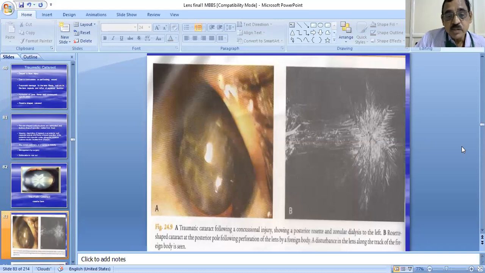And this is again a traumatic cataract, a concussional injury showing a posterior rosette and zonular dialysis to the left. Here you see the zonular dialysis. This is the lens border and this is zonular dialysis. And here again is traumatic cataract due to perforation of the lens, where a foreign body traveled through these areas.